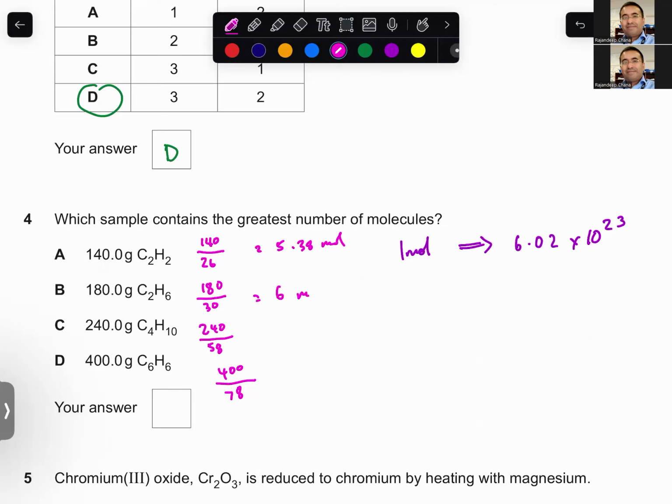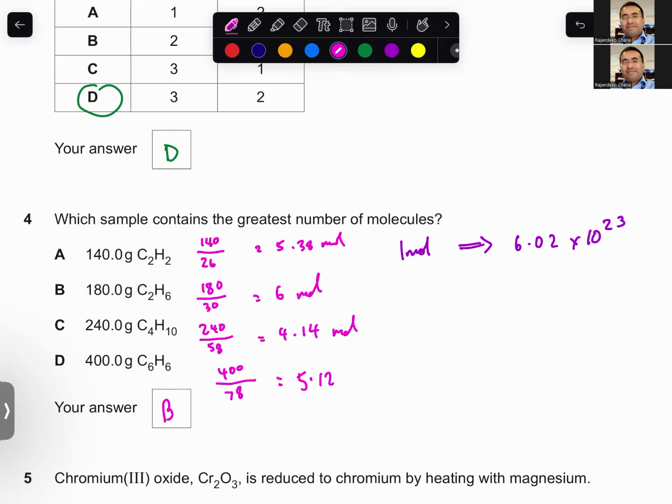Six moles. 4.14 moles. 5.12 moles. So the answer would be B.